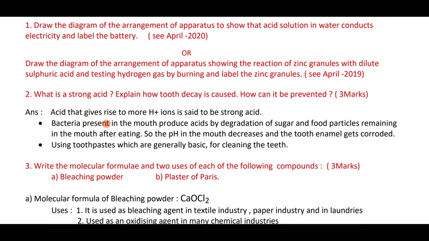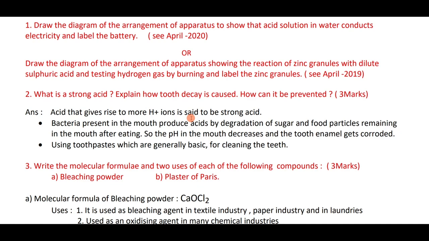What is a strong acid? Explain how tooth decay is caused and how it can be prevented. An acid that gives more H plus ions is said to be a strong acid. The more the H plus ions, the stronger the acid. How is tooth decay caused? Bacteria present in the mouth produce acid by degradation of sugar in food particles remaining in the mouth after eating.